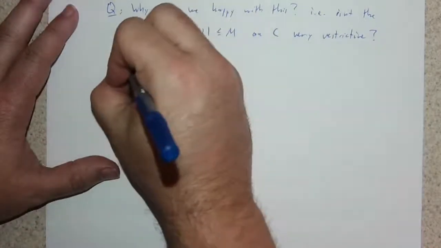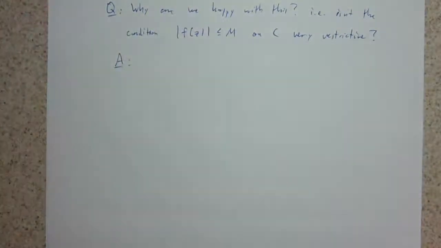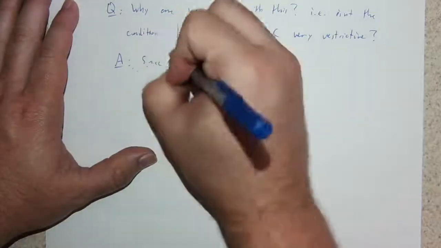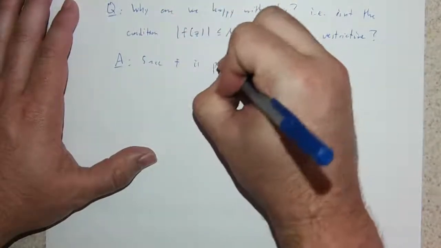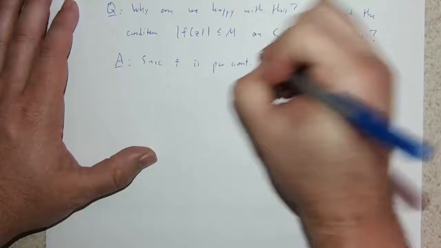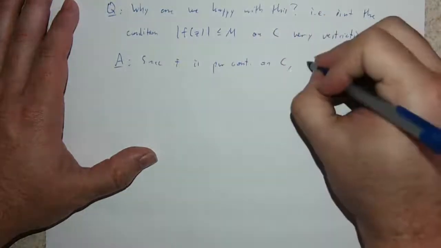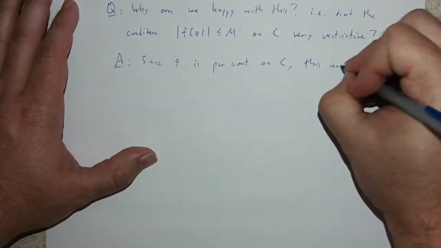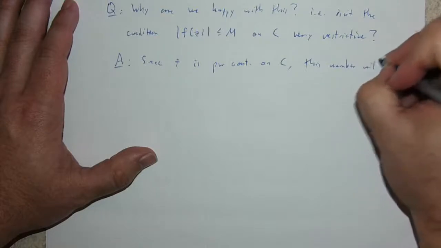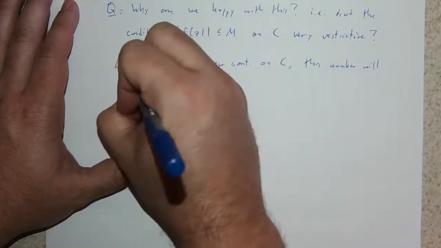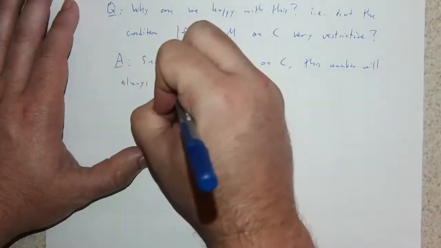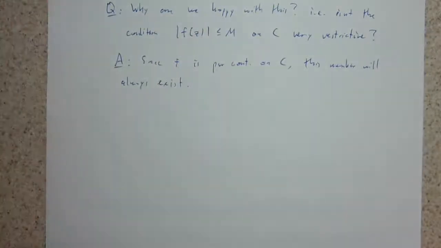The answer is that since f is piecewise continuous on C, this number will always exist. Why?